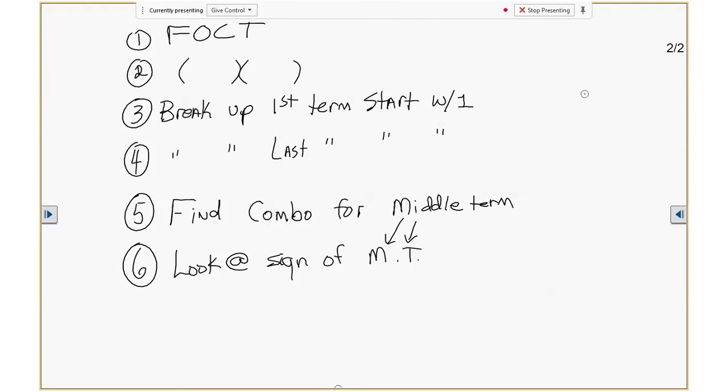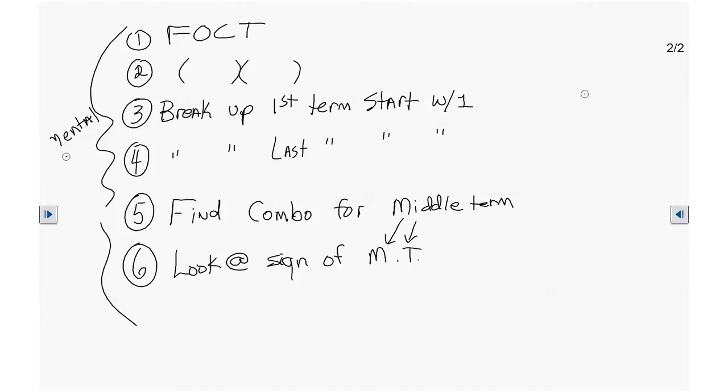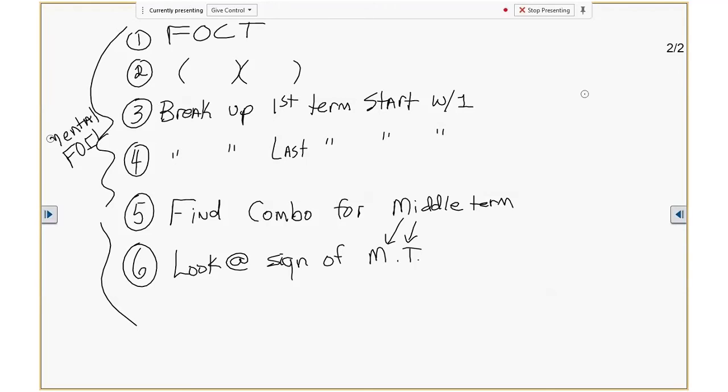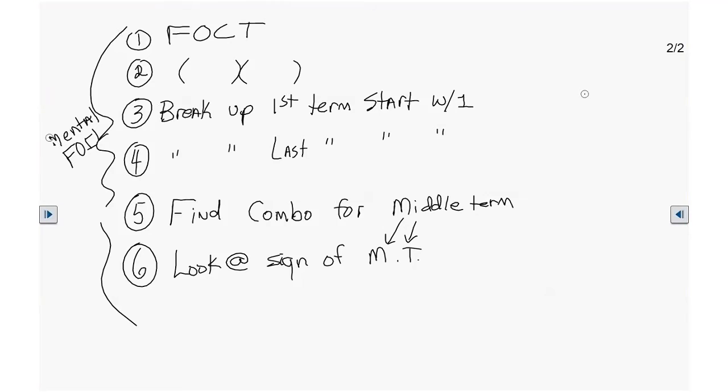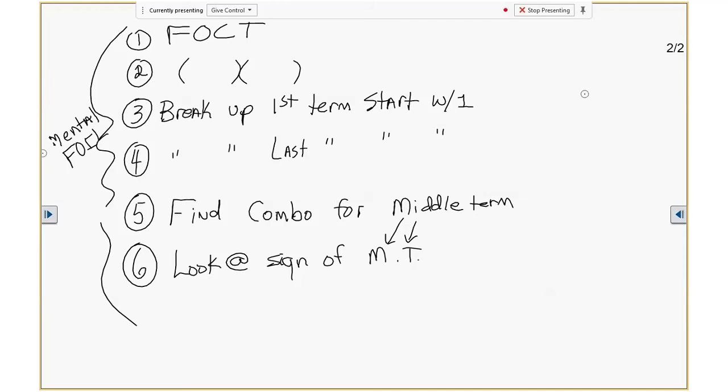Okay. Now, all the time you're doing the reverse FOIL, what are you thinking about mentally? Mentally, you should have in your mind the FOIL method. Because how do you find the middle term with the FOIL method?